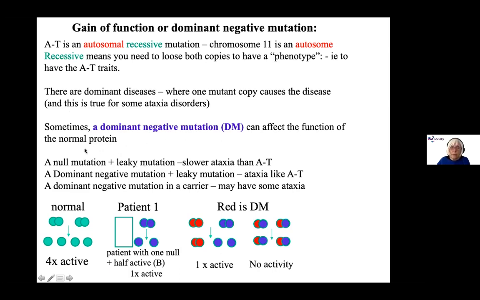So if you think of a null mutation with a leaky mutation, you won't see anything here, but you've got a little bit of activity. So you get slower ataxia than a normal AT individual. It's slower onset.